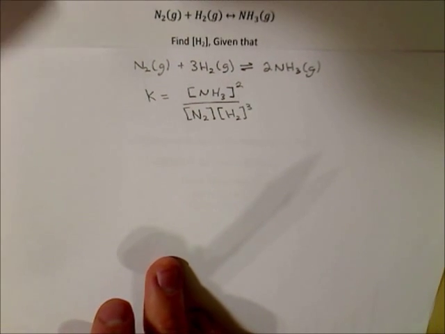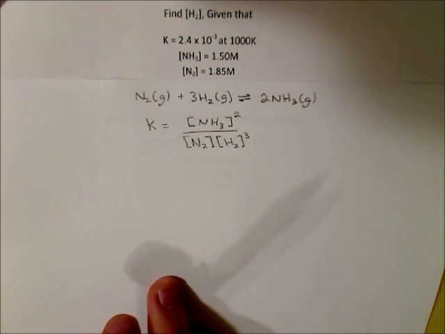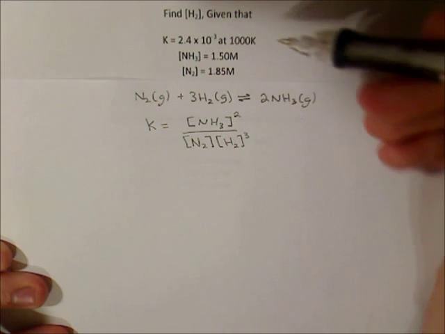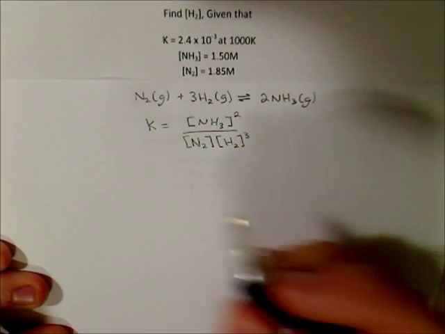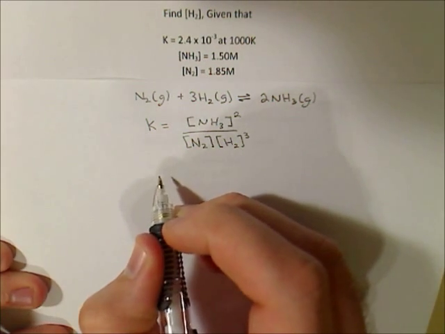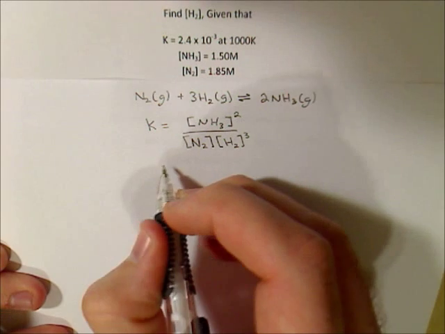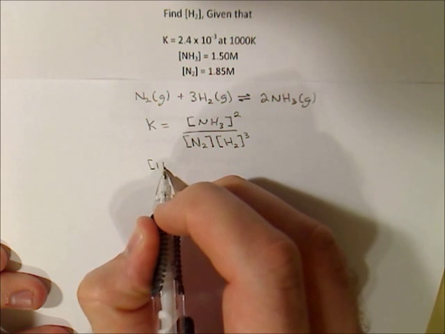So now that we have that, we can answer the next question. It's going to ask us for the concentration of H2 given the three other things that we need to solve for it. The first thing you want to do is solve for it algebraically. Don't plug in numbers yet. It gets kind of confusing if you do that, and it's easy to make mistakes.